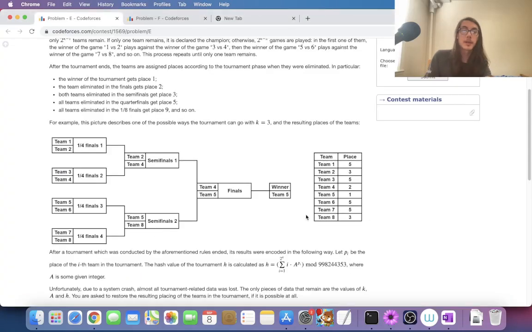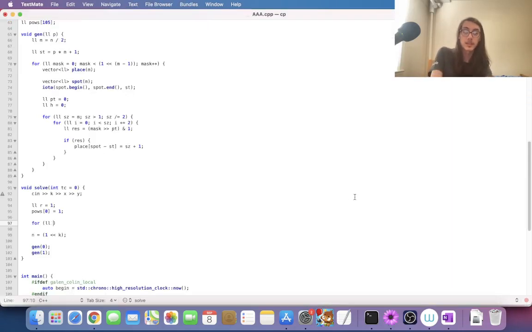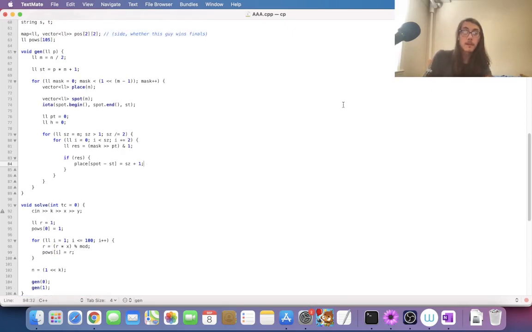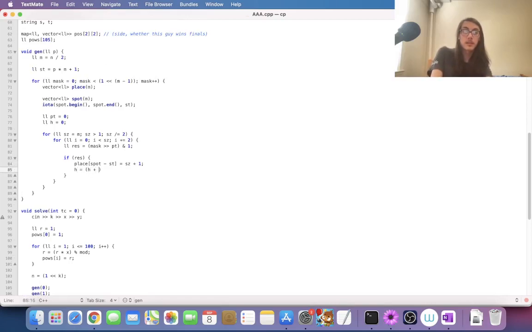I'm going to pre-compute the powers of x so that it's not involved in computation. i is less than or equal to 100. 100 is a gross overestimate. r is equal to r times x mod the modulus, pows i is equal to r. So h is equal to h plus, it is the index, so this should be spot i plus 1.